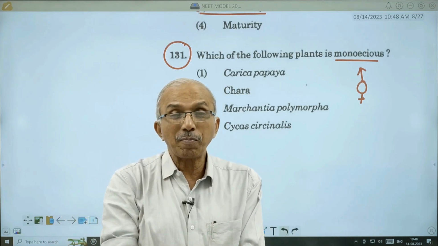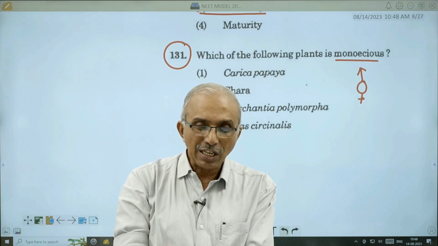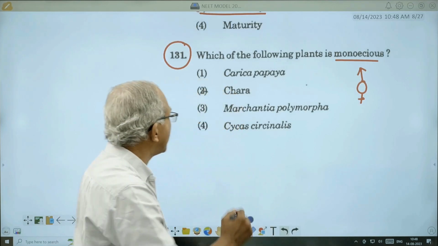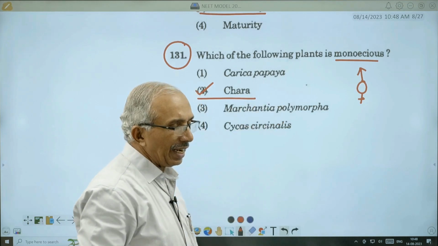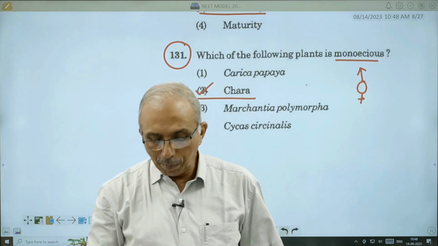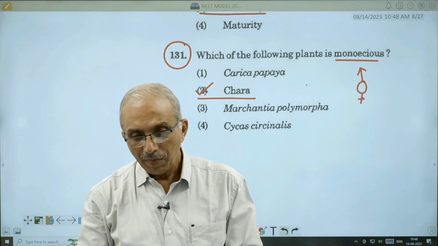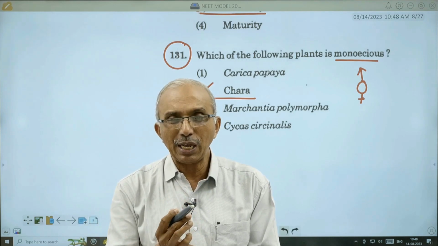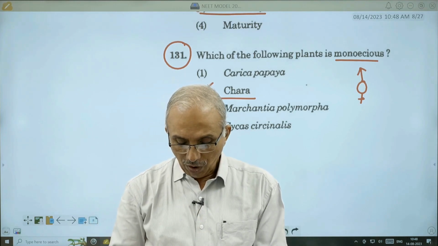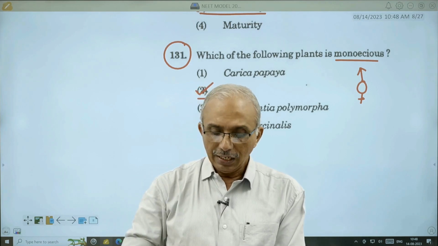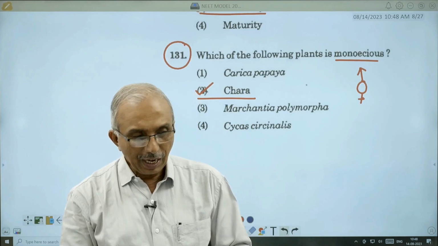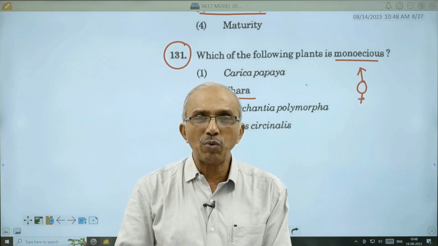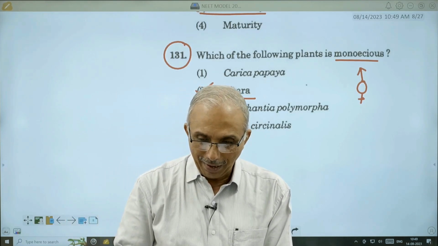Dioecious means unisexual. The answer is Cucurbita, in which the male and female reproductive organs are found on the same plant.